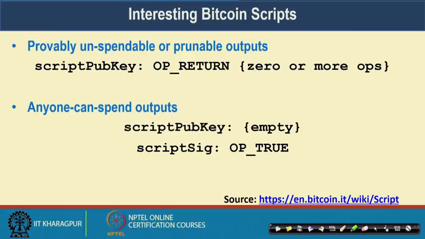So, here are some interesting Bitcoin scripts. The first Bitcoin script is about making a transaction for a probably unspendable or prunable output. In the script pub key, you immediately write OP_RETURN.